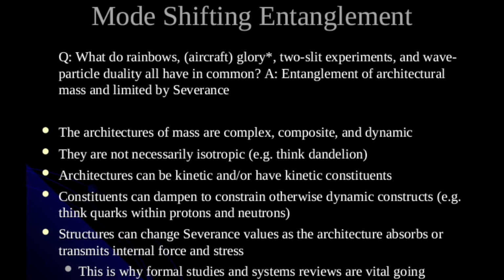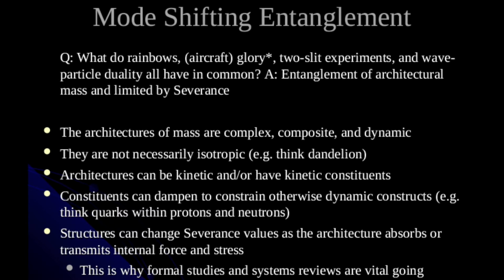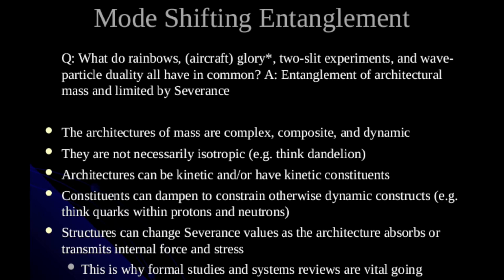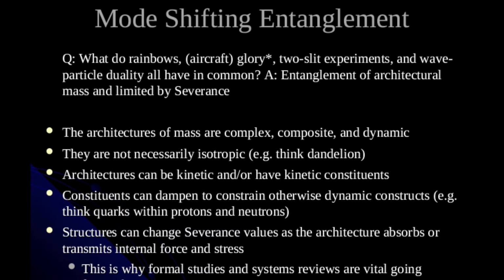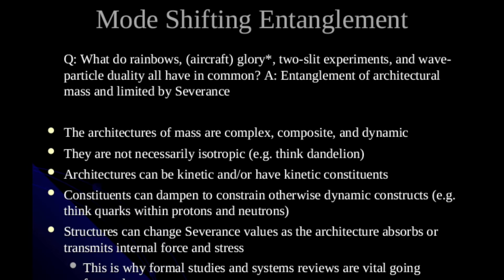So architectures of mass are complex, composite, and dynamic. They are not static. They're moving. They're not necessarily isotropic. I tend to think of photons, for example, like little dandelions. They have little wispy features to them, but there's a lot we don't yet know about these architectures, and we'll get into that in a minute. But architectures can be kinetic and or have kinetic constituents.